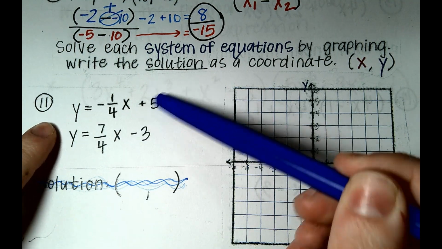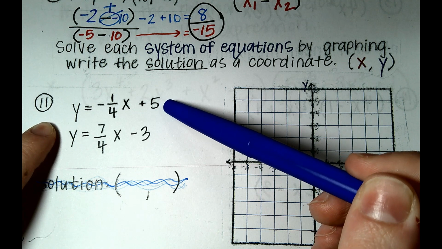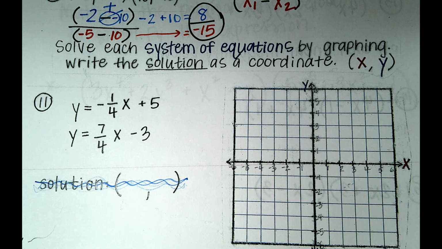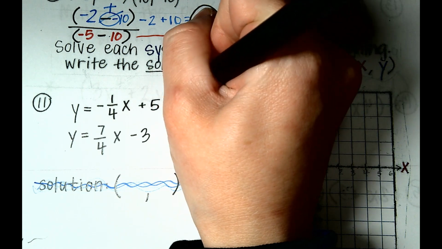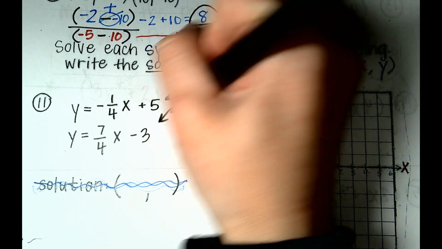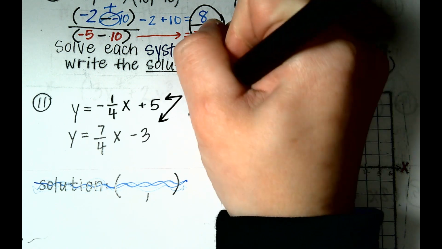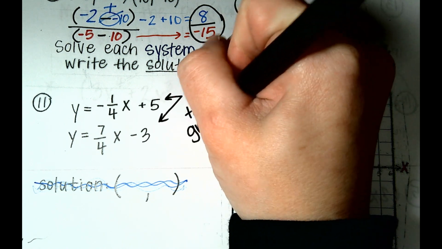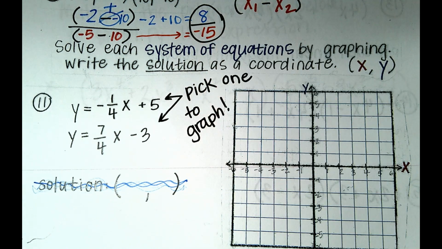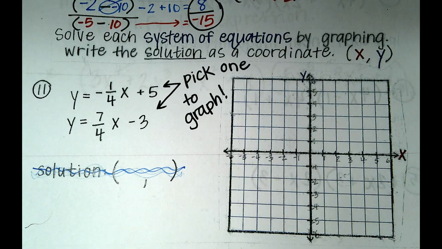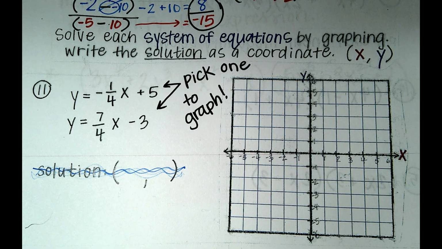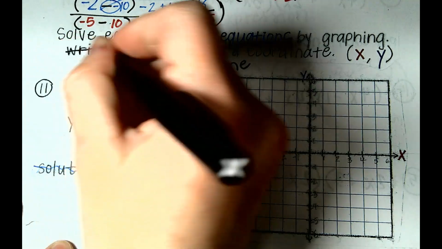You're going to pick one and graph it. Pick either one and graph it. Okay? So, don't care which. Pick one to graph. Now, I'm going to graph both of these just to show you both.